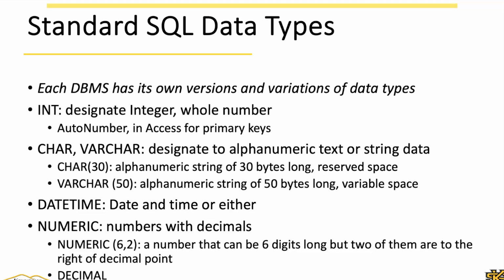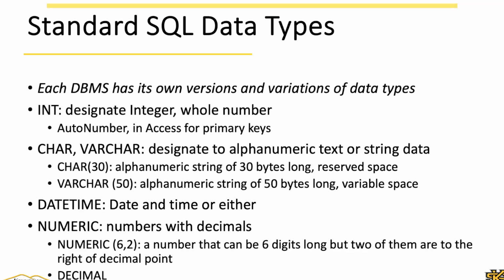For example, VARCHAR 50 allows for a variable length alphanumeric string up to 50 bytes. If the string is only 25 bytes long, it will only use 25 bytes of space, making it more flexible and efficient in certain cases.